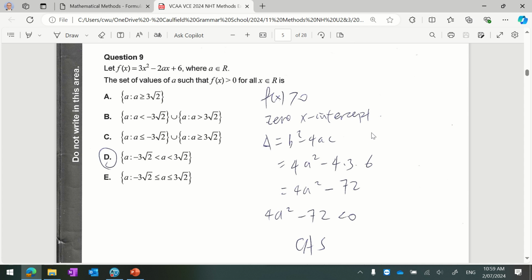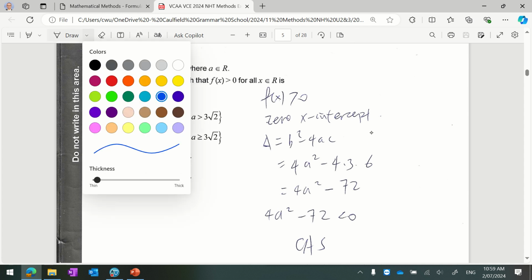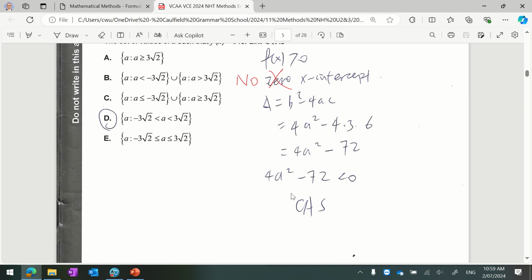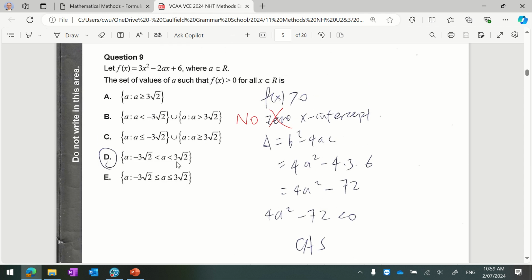I shouldn't say 0 x-intercept, that's kind of ambiguous. I mean no x-intercept is what I mean. I don't want to be ambiguous here. So if I calculate the discriminant with the A value in it, the discriminant has to be less than 0, solve that on CAS, and then that's the answer.